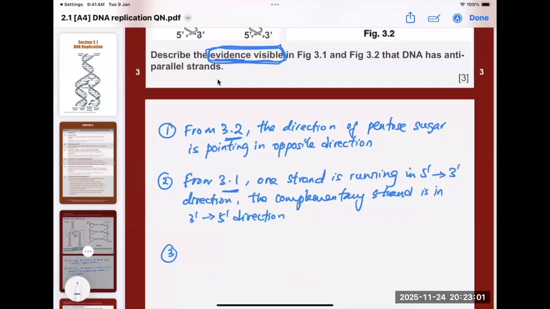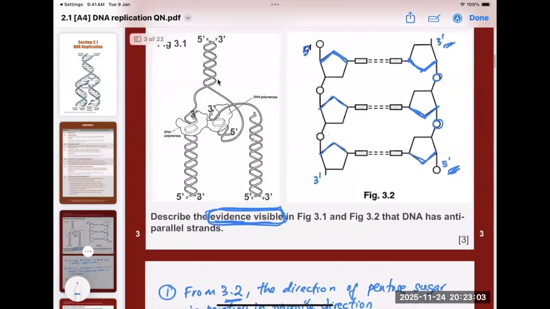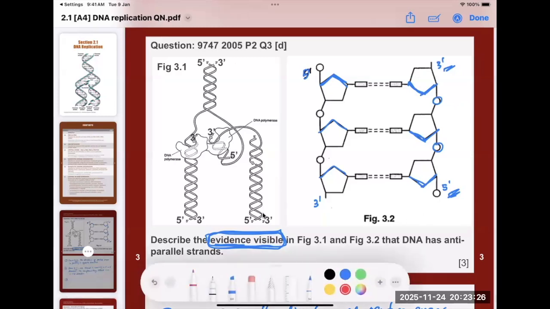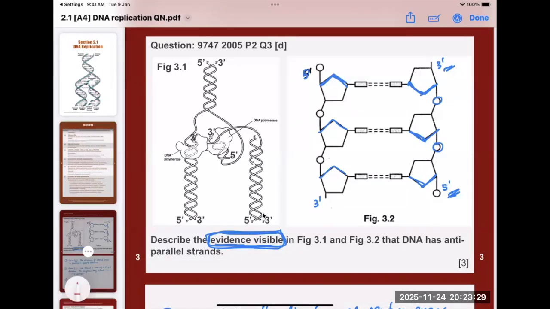Now, where is the third mark? The third piece of evidence came from where? Came from here, 3.1 again. Now what do you see here? This strand here is what? The newly synthesized strand has no break, right? Here, how many strands? The other one. You see here one strand. This is one Okazaki fragment.